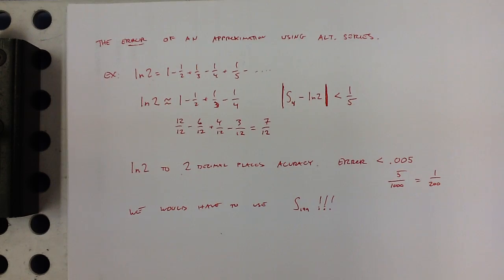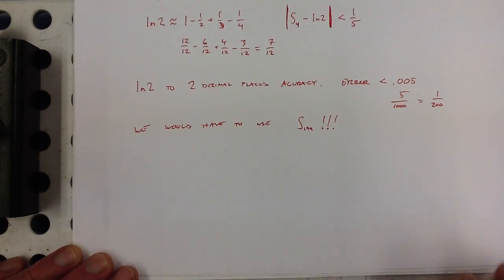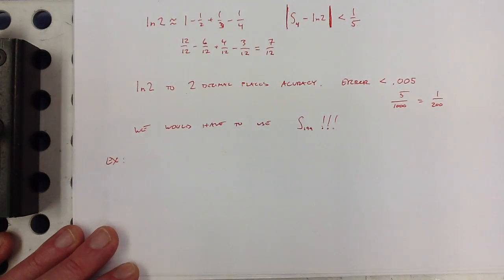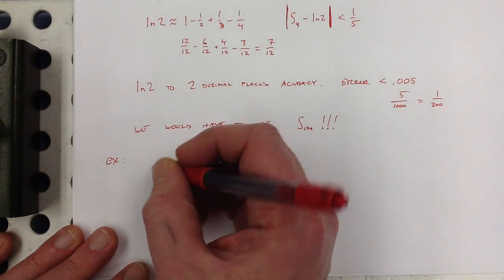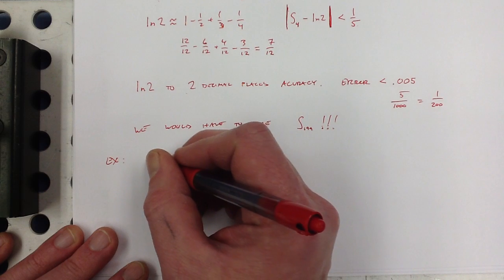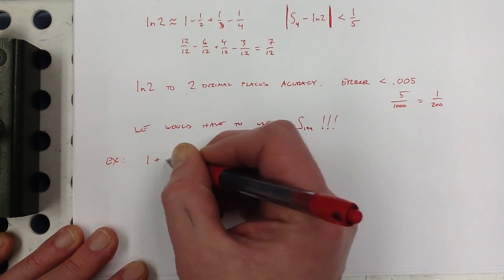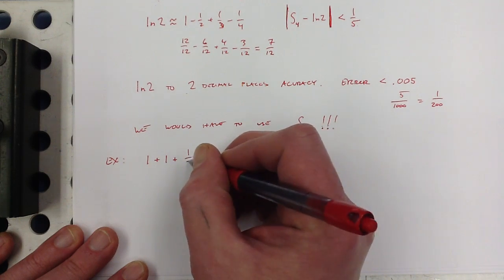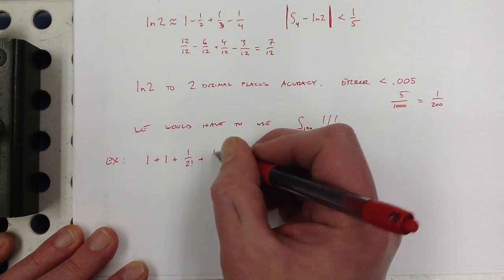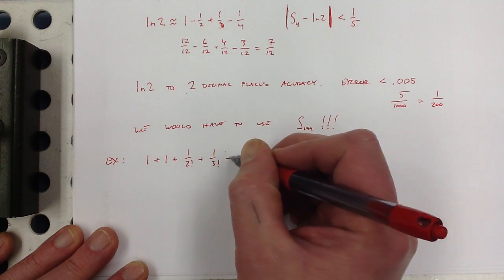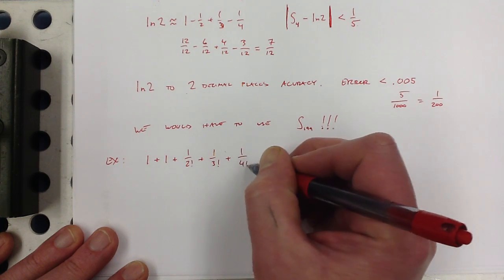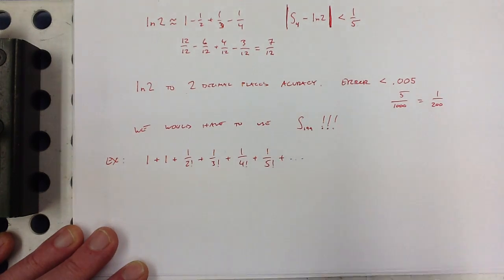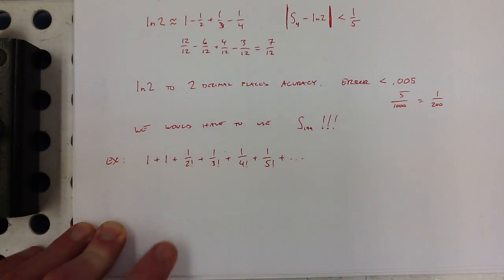I'll show you another interesting one. We do another example of this type. I'll make another claim that we'll prove later. I think I might have alluded to this before. But here's a series: 1 plus 1 plus 1 over 2 factorial plus 1 over 3 factorial plus 1 over 4 factorial plus 1 over 5 factorial, etc. Guess what that's equal to?